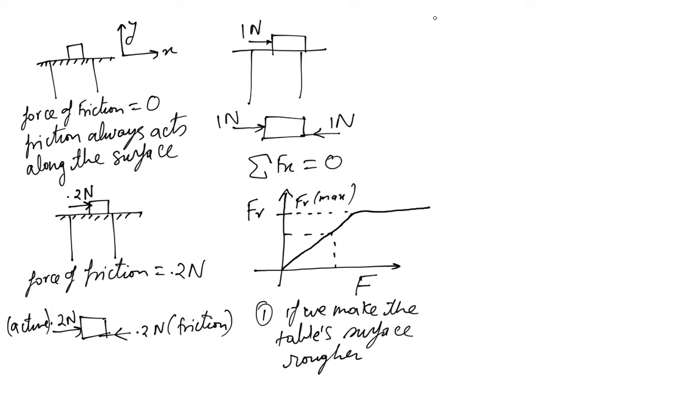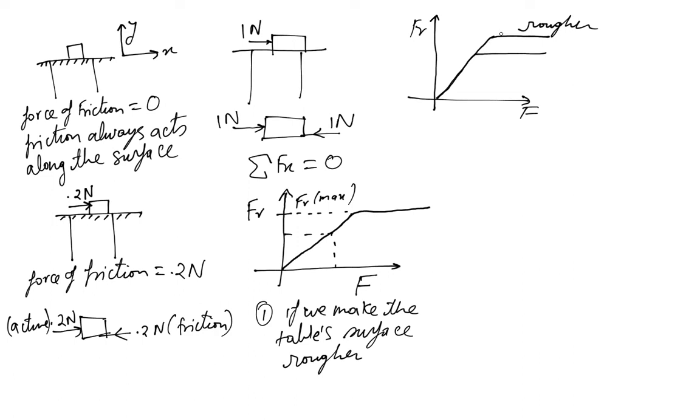We expect that the maximum friction force is going to, let's say this was the original one, then we expect that this should be the graph for a rougher case, right?